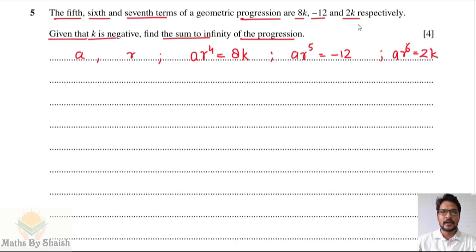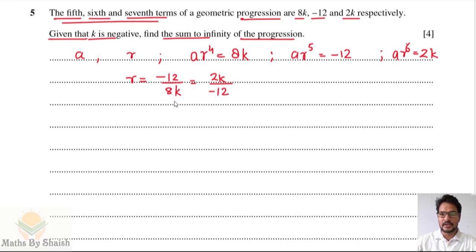Since it is a geometric progression and these are consecutive terms, we can get r by dividing a term by the previous term. So it is minus 12k upon 8k, and also the seventh term upon the sixth term.